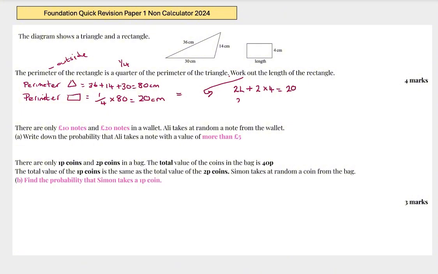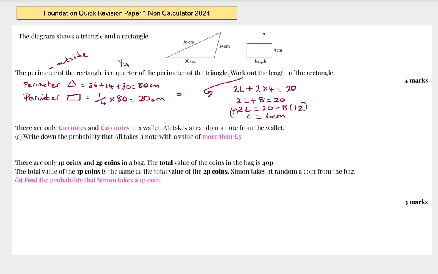So I'm going to go 2L plus 8 equals 20. 2L equals 20 subtract 8, which is 12. So divide by 2, which gives us the length of 6 centimetres.